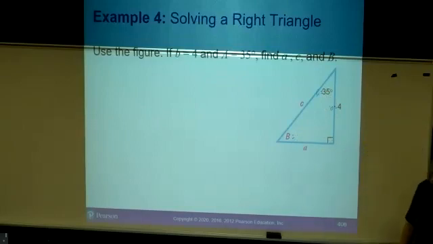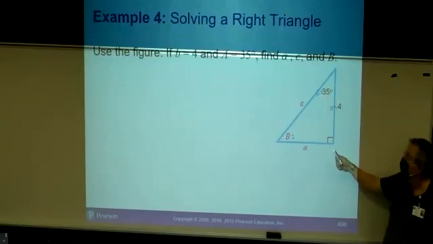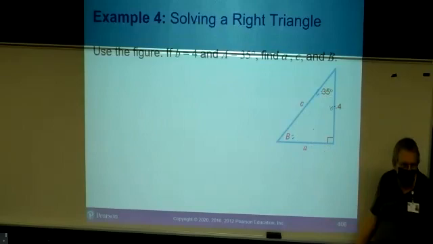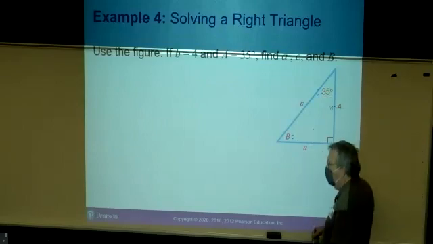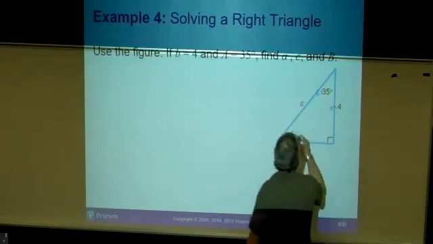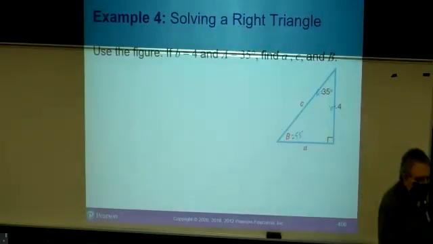That's easy. 90 is over here. If this is 35, what is this one? 65 and 35 is 100. No, then it's 55. 90 minus 35.